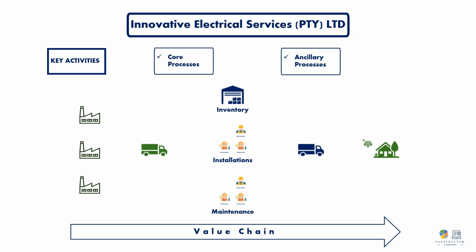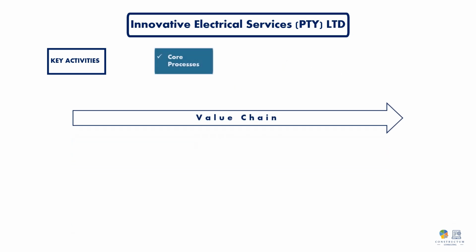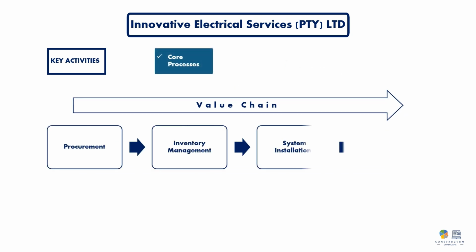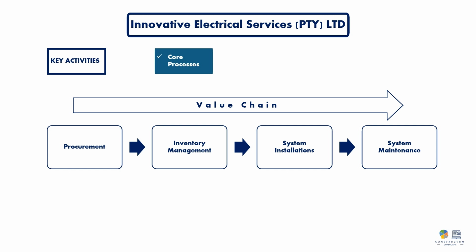Step 2. Karel understands that certain core processes must run in sequence, whereas other processes must run concurrently. The sequential processes include procurement, inventory management, systems installation, and system maintenance.